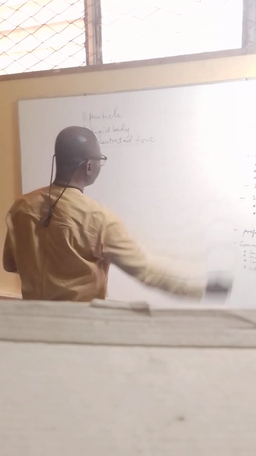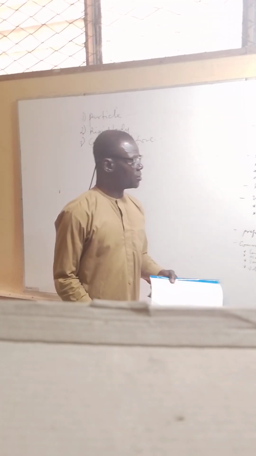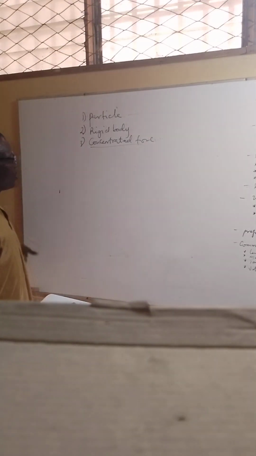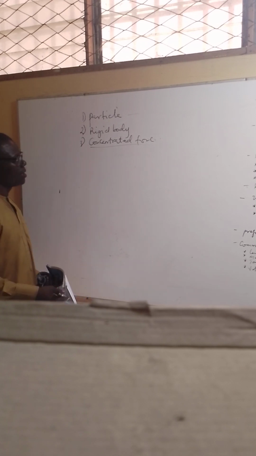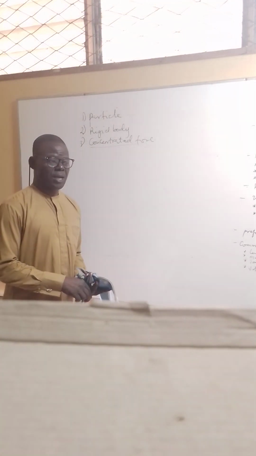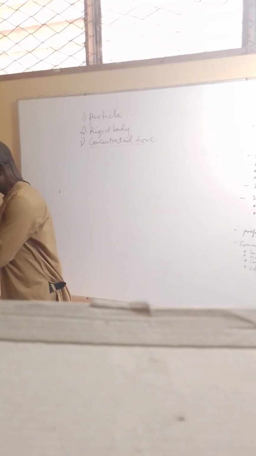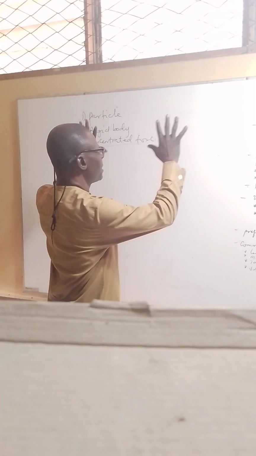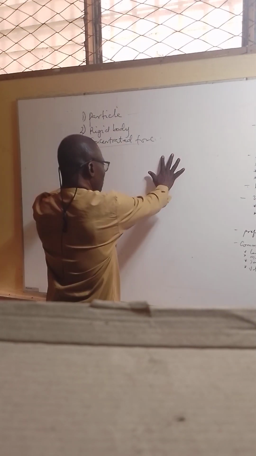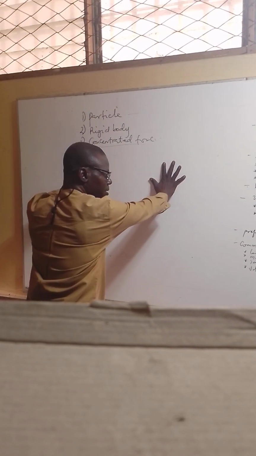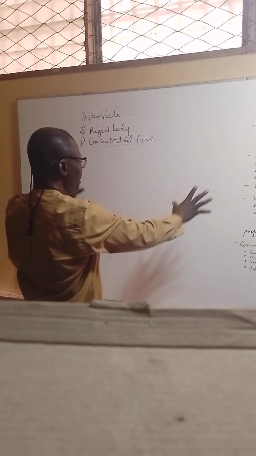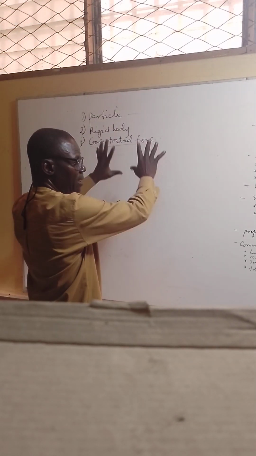And then concentrated force. What is concentrated force? Look at this whiteboard I'm using. If I apply a force of, let me say, 50 newtons onto it, and I push with a force of 50 newtons, the area the force is applied to is large.